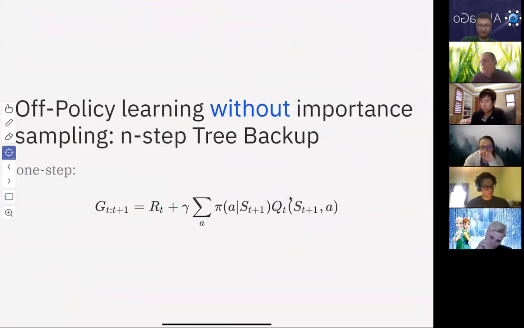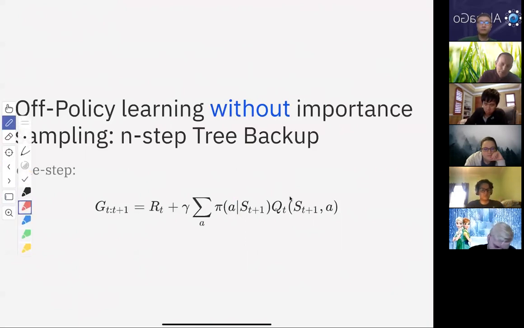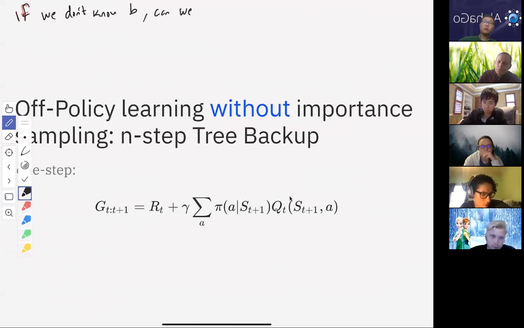Let's say, for example, you were using a behavior policy whose characteristics you did not know, so you didn't know the probabilities. Could you use importance sampling, Daniel Y? Okay, so the question is, if we don't know b, can we do importance sampling?